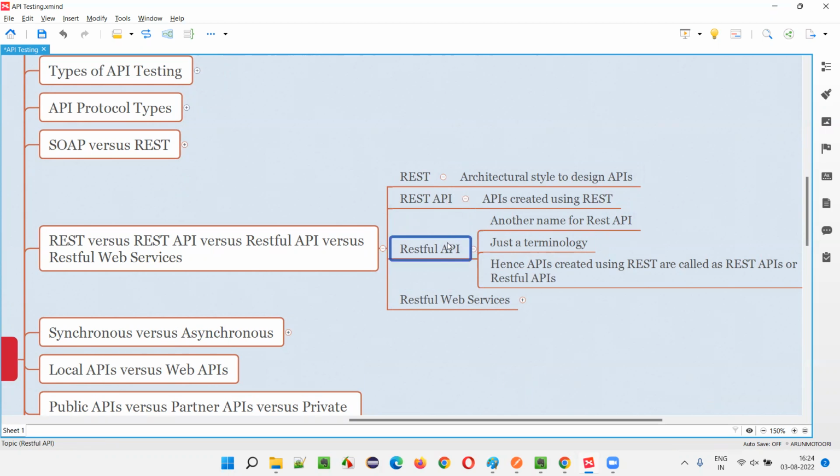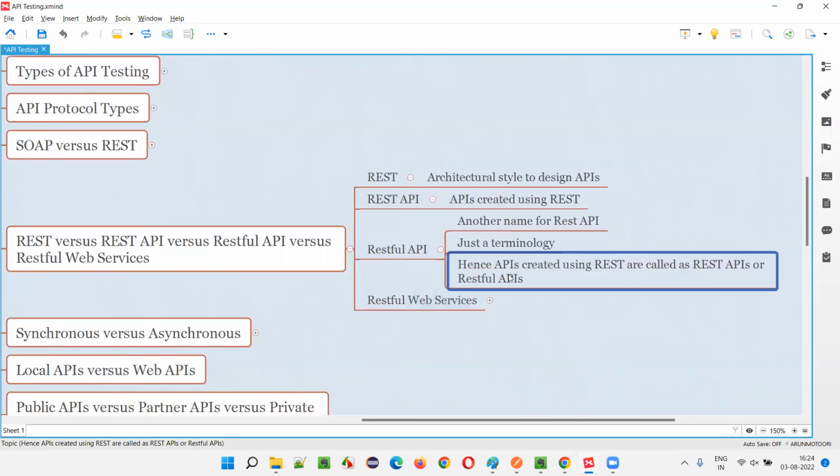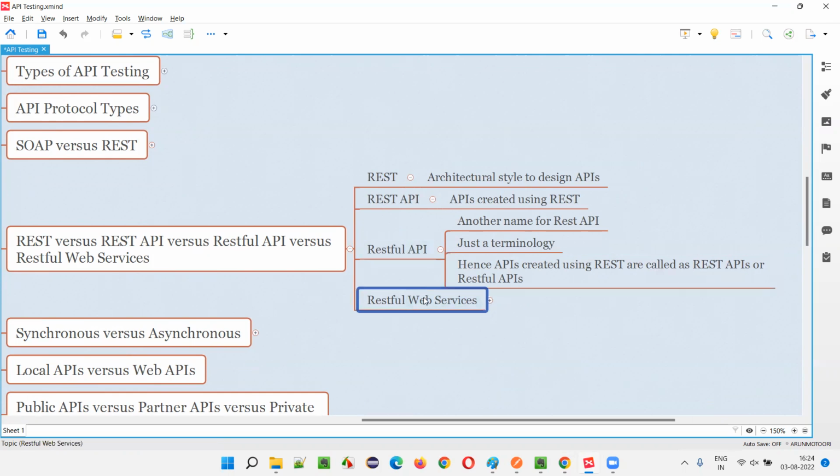Both are the same, but different names. That's it. So it's very simple.